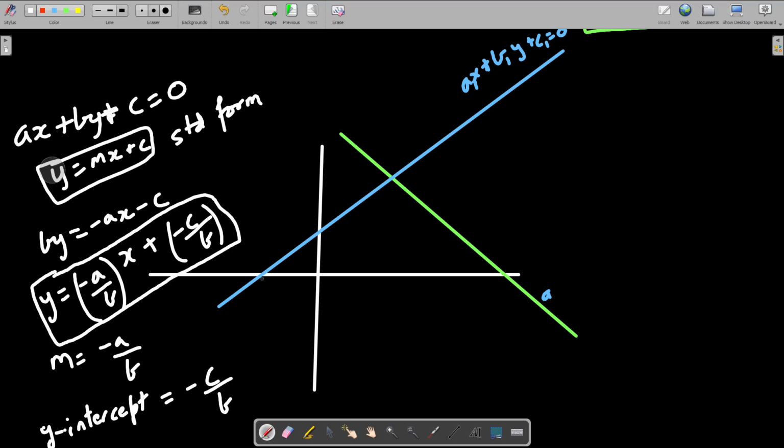Same way, we are given another line here, and this is a2x plus b2y plus c2 is equal to 0. And this over here is their point of intersection.